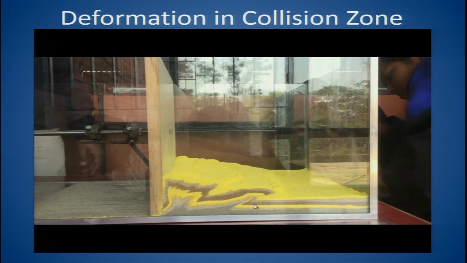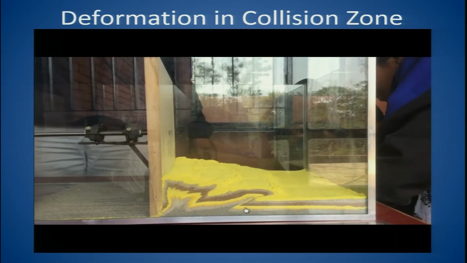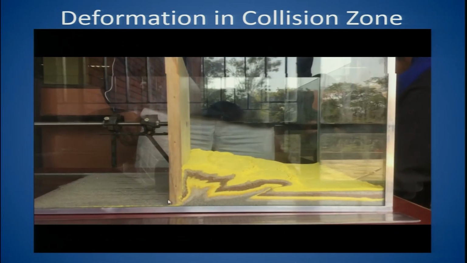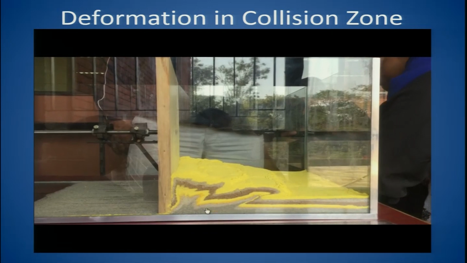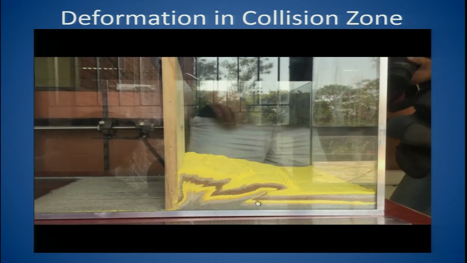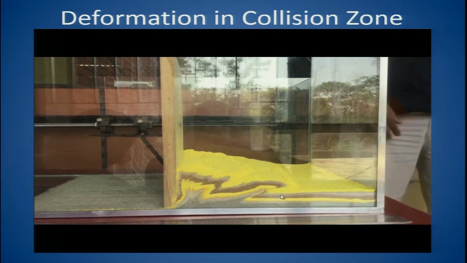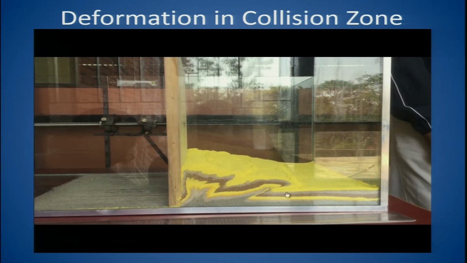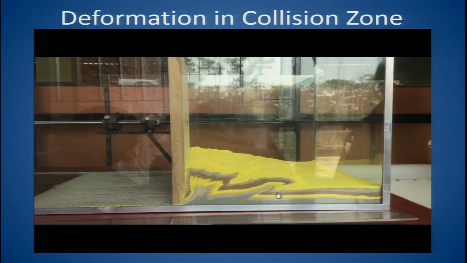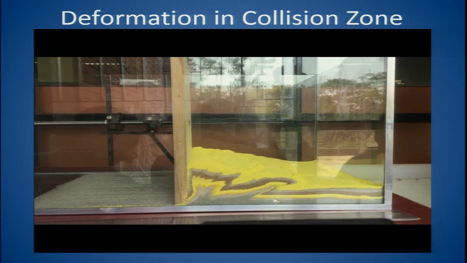So this is typical of what I was explaining of the bulldozing effect. So the Eurasian plate is overriding in the form of a bulldozer, which is putting the crumpled material on the Indian plate, and the deformation we see here is similar to what you see in the Himalayas.